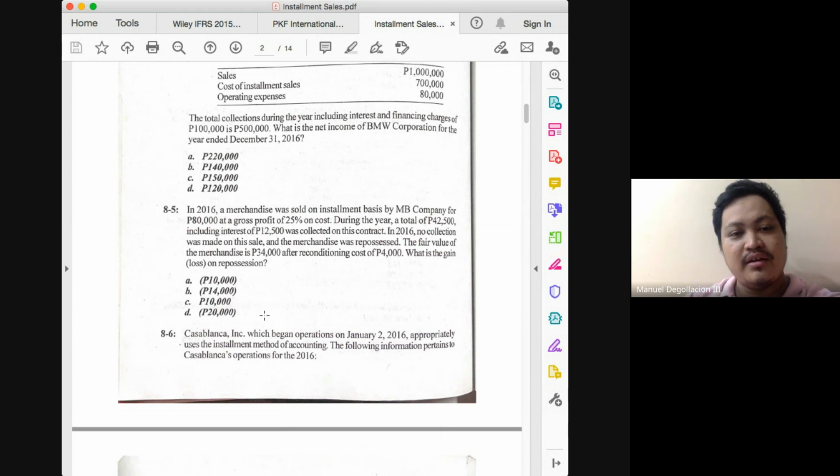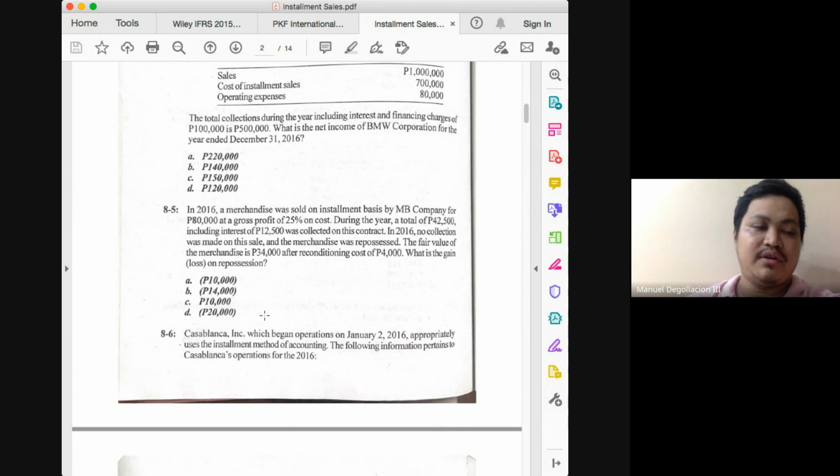Okay. So again, for gain or loss on repossession, you only need two things: market value and the unrecovered cost of the item sold. Okay. For your market value, the problem will not always give you the market value before reconditioning cost. So you will have to solve that by using the estimated selling price after reconditioning and then deduct the reconditioning cost and the expected normal profit margin.